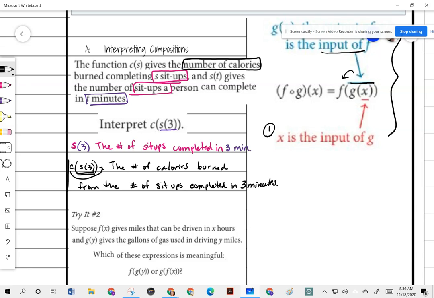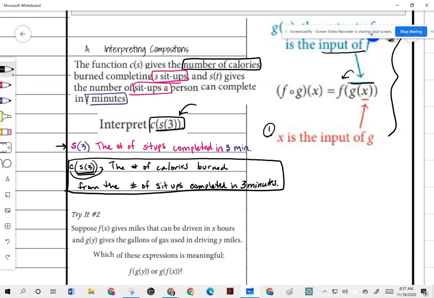Okay, so this is the interpretation of this function right here, c of s of 3. I highly recommend that you always start with the inner function in your interpretation, and then you use this interpretation as the input into the next function.